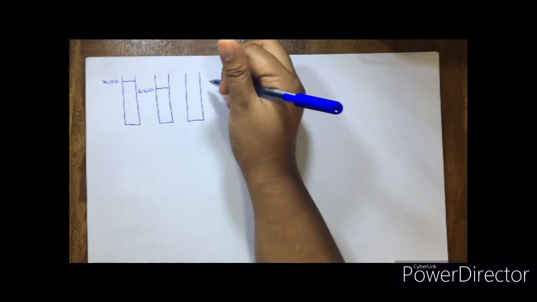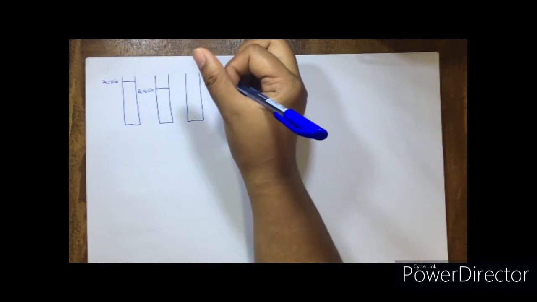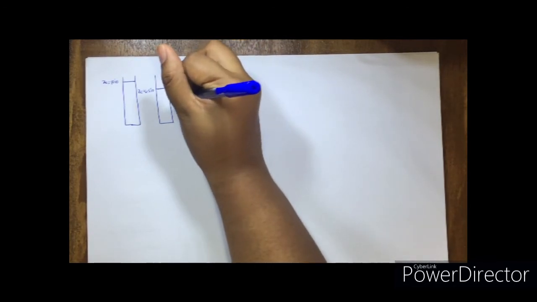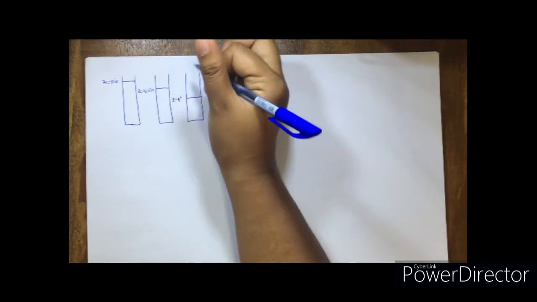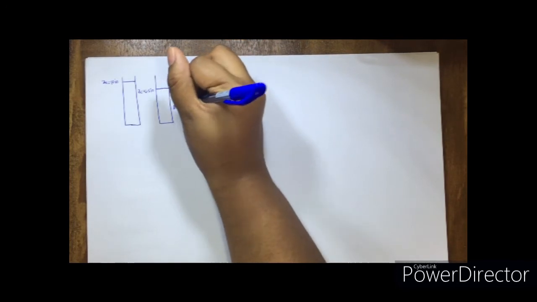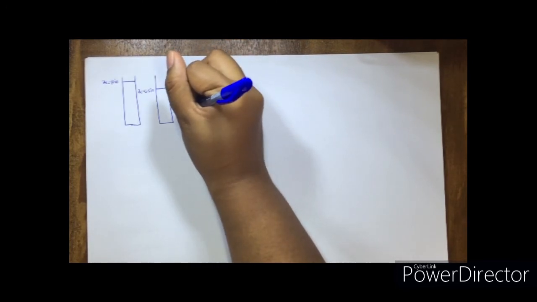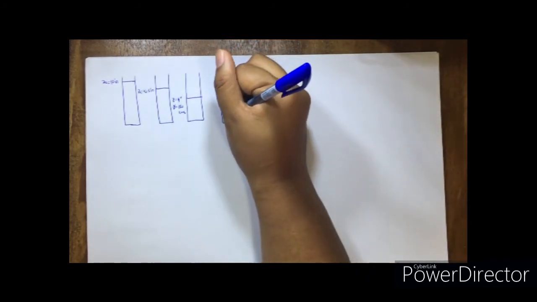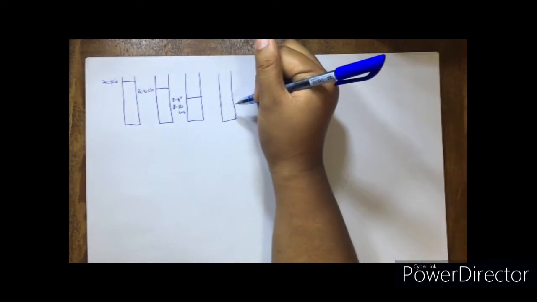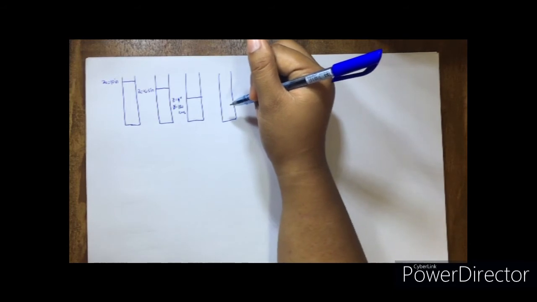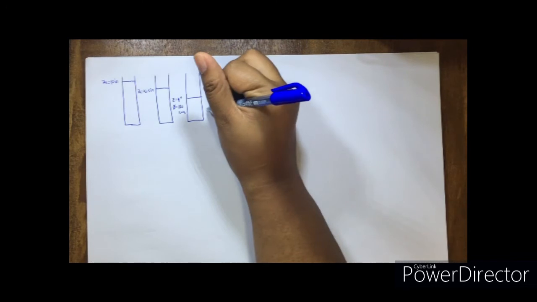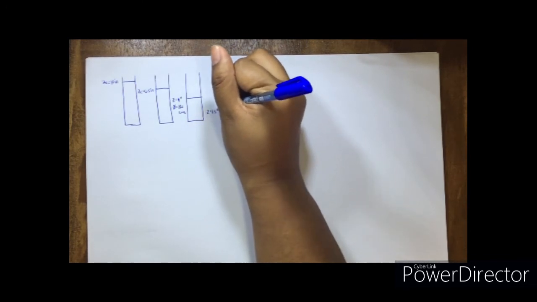And then the height of our sludge at the end of 120 minutes is 4 inches. So this is 120 minutes. And the height of the sludge settled completely is 1.5 inches.